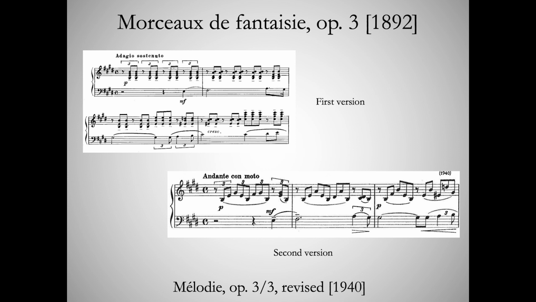The Melody is the first. You can see the first version up on the top. It has a very simple punctuated accompaniment. The second version has the same melody, except not exactly the same. It has a triplet instead of a dotted figure and so on. The accompaniment has changed.